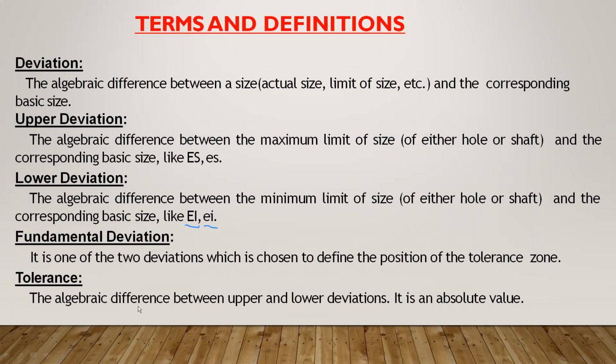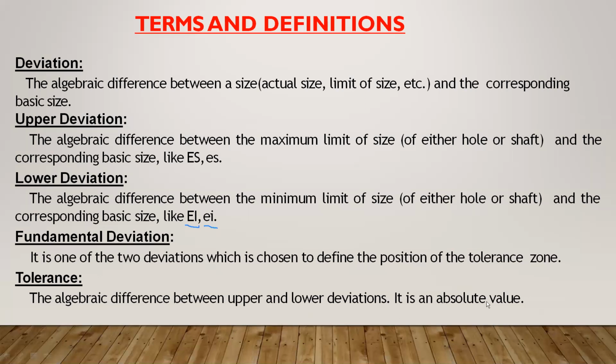And the last one, we are coming to the tolerance. So what is a tolerance? The algebraic difference between the upper and lower deviations is called a tolerance, and it is an absolute value.